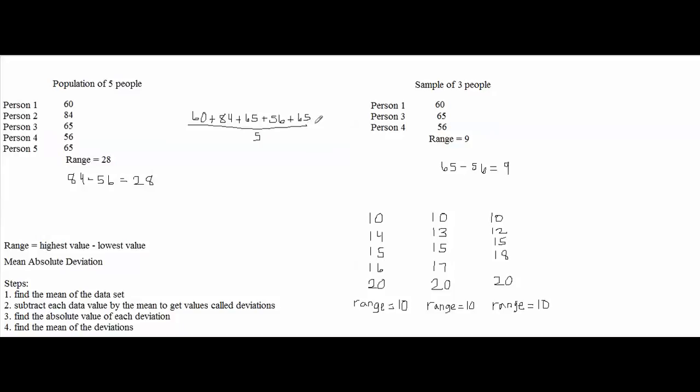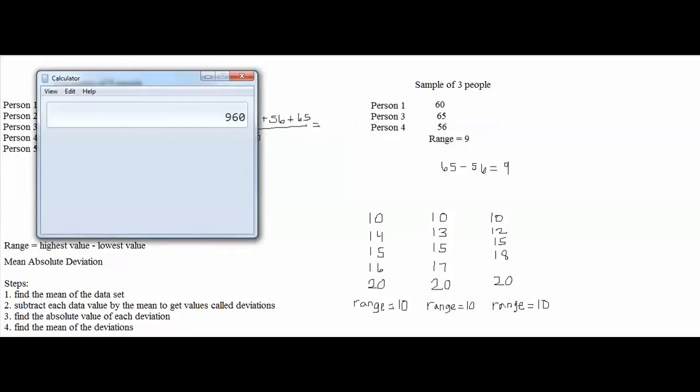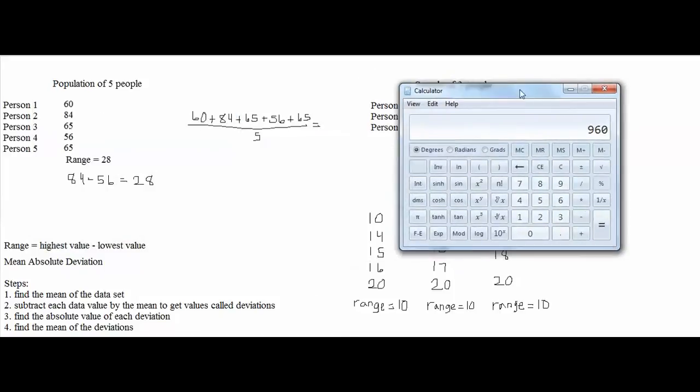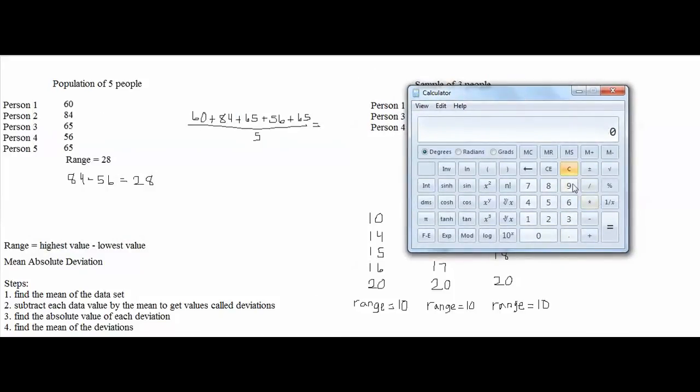What do we get when we add these 5 numbers? Well, the total comes out to 330.